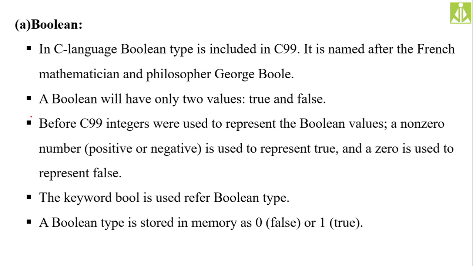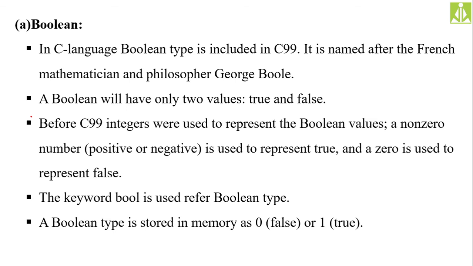Okay, so the Boolean type was included in C99. Why the name Boolean? It is named after a French mathematician and philosopher, Georges Boole. The Boolean type is not specific to the C language. Rather, we have Boolean types in many different programming languages, and even in mathematics we use Boolean values, true and false.